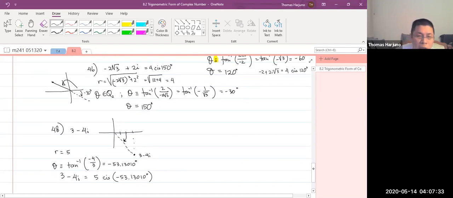Now, of course, I believe our textbook does not like negative angles. Then you can adjust this. Look at the coterminal. This is 5 cis; you add 360 degrees, and that would be 306.86990.